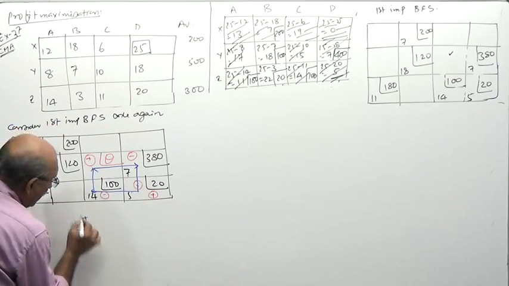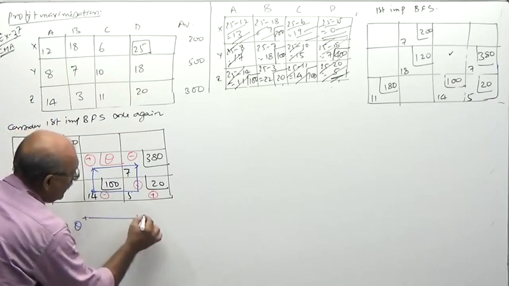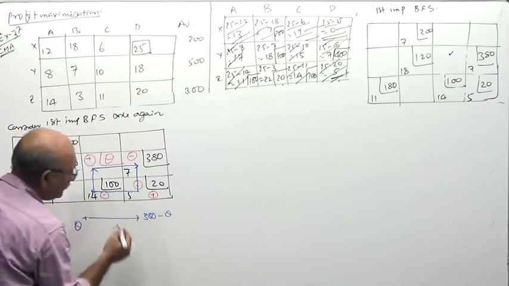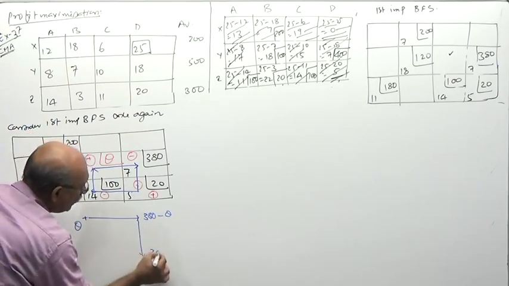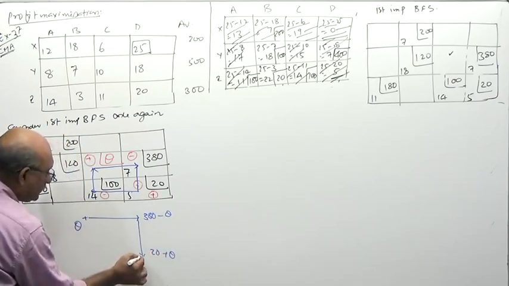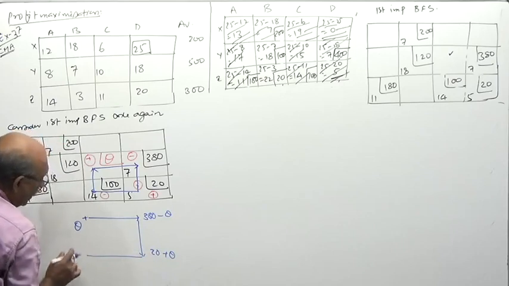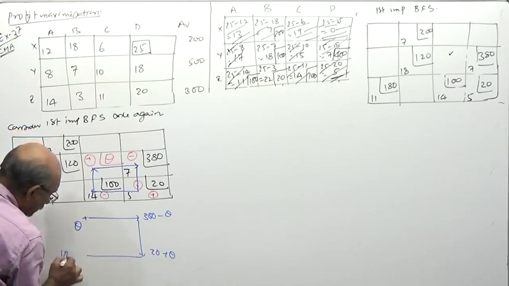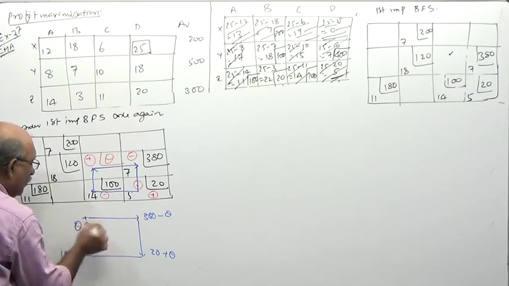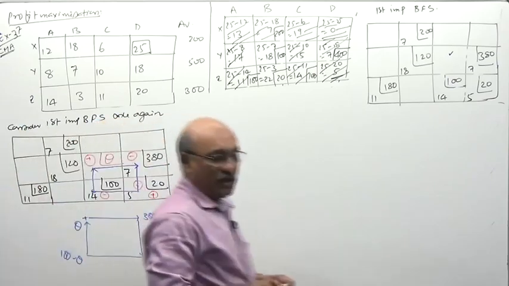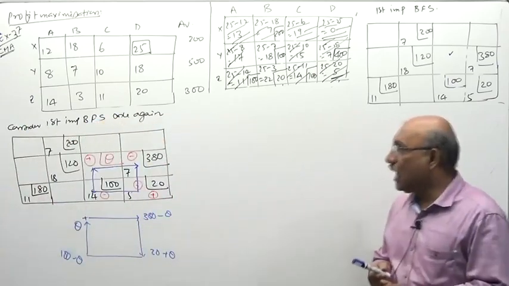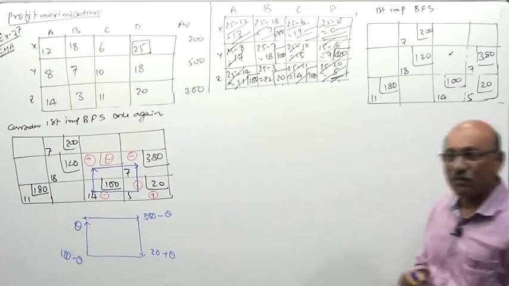So this is plus theta, horizontally 380 minus theta, 20 plus theta, 100 minus theta, reaching the original spot. This way a closed loop is formed, sir.